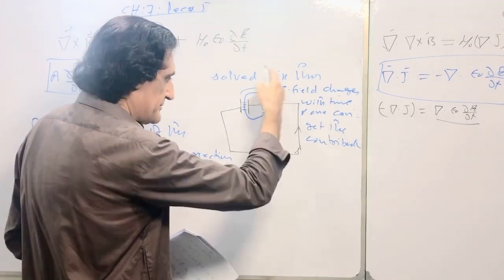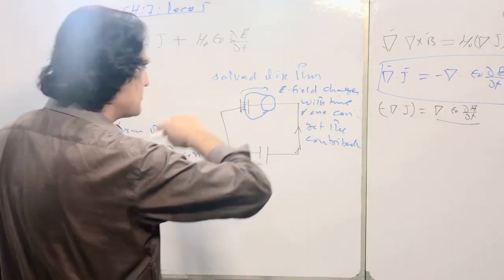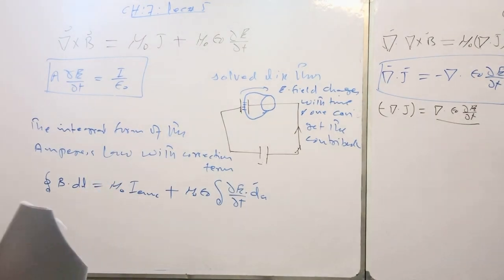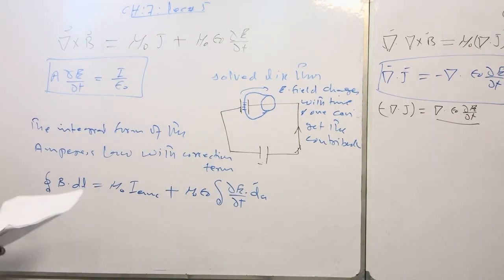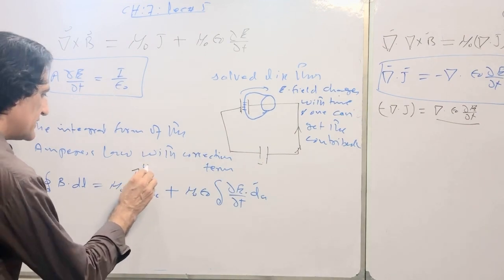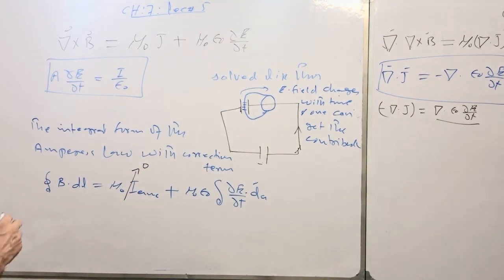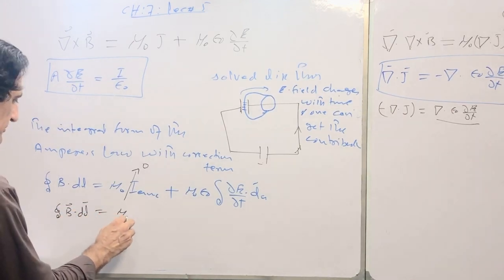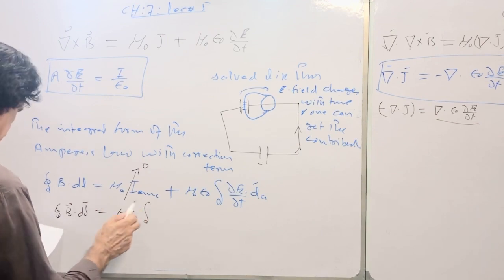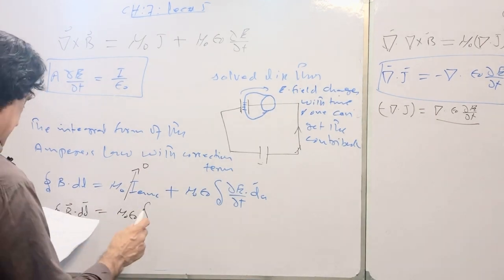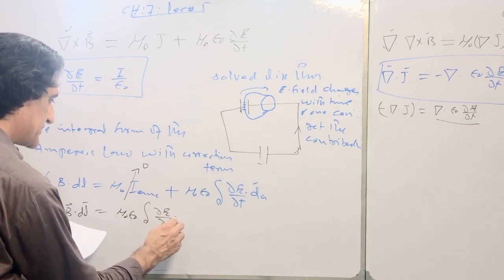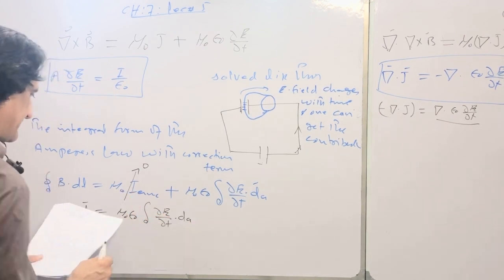In this situation, the I enclosed is equal to 0. Then B dot dl is equal to mu naught epsilon naught integral of partial E divided by partial T dot dA.